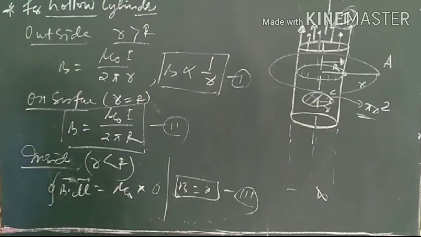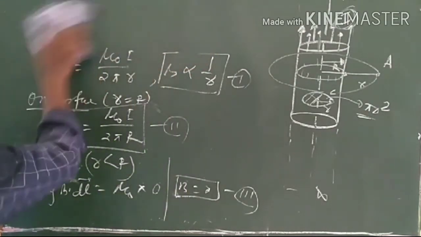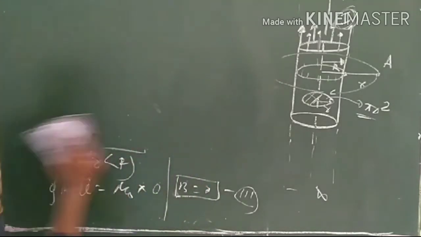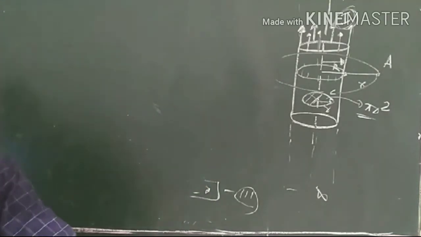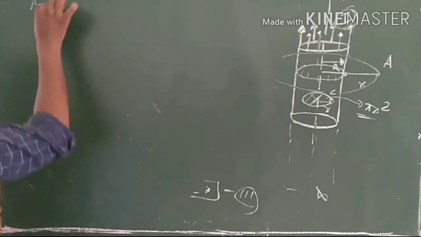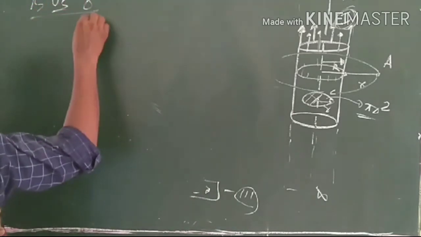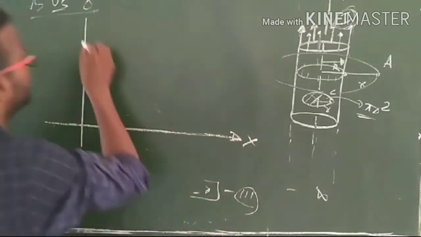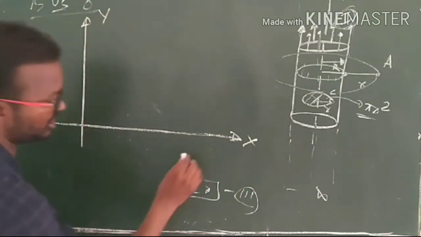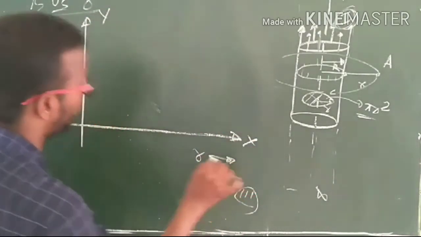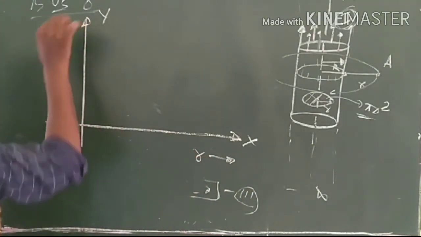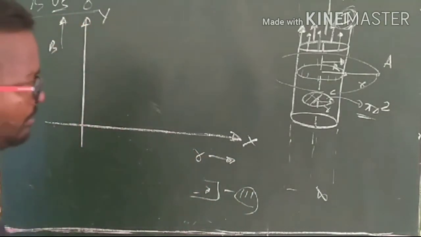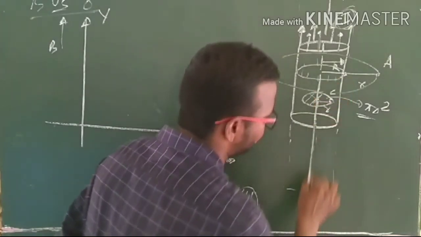If you draw a graph of magnetic field versus distance r, this is the x-axis and this is the y-axis. Along the x-axis we choose the distance, and along the y-axis we take the magnetic field. Clear? This is the axis.